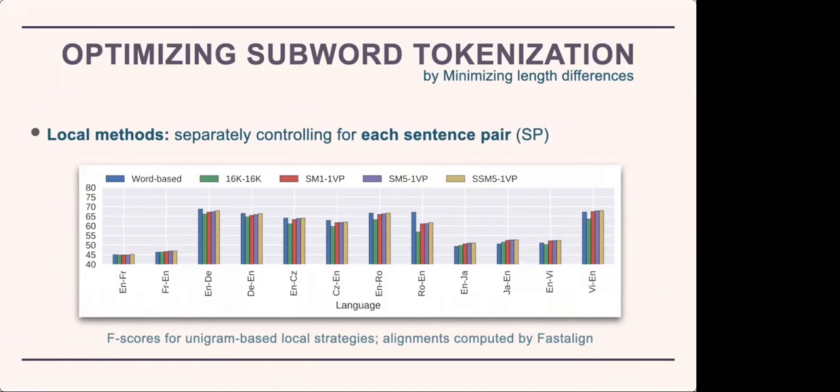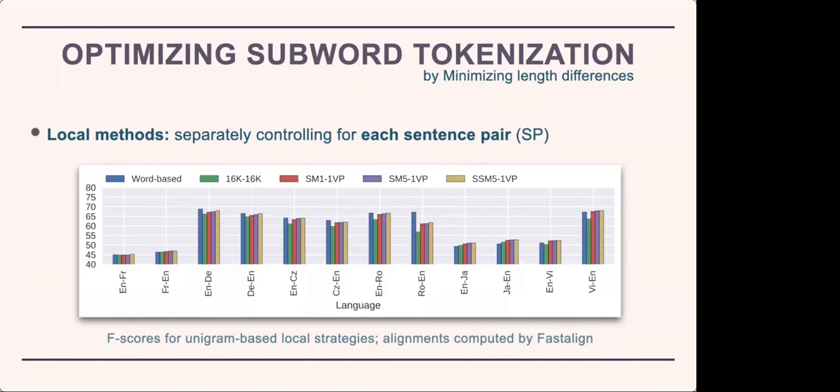They all outperform the baseline, a fixed 16K model, and also the word-based models for French, Japanese, and Vietnamese. It also seems that including several segmentation samples for each sentence pair in the training data, using SSM5-1VP, also helps to improve the performance, resulting in a simple scheme based only on length differences that consistently outperforms all other unigram-based methods.